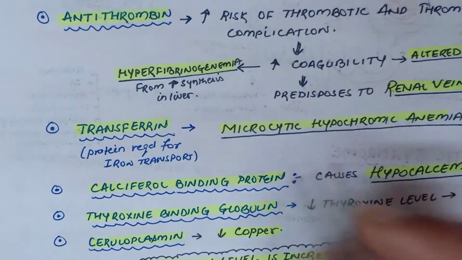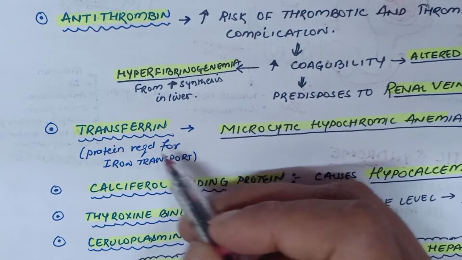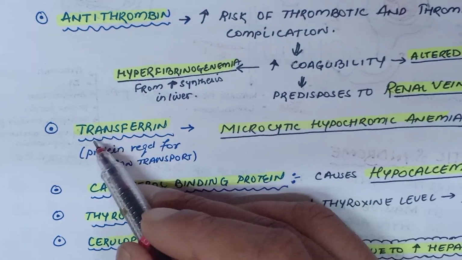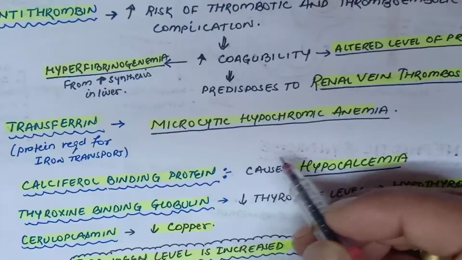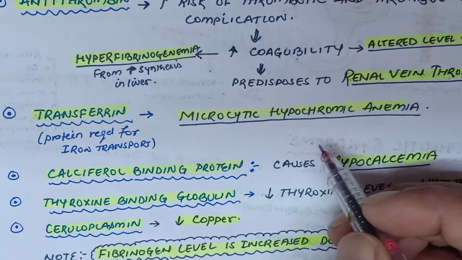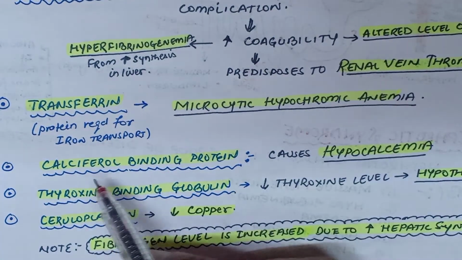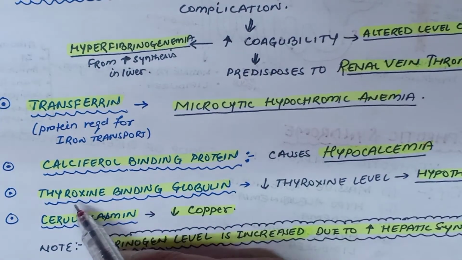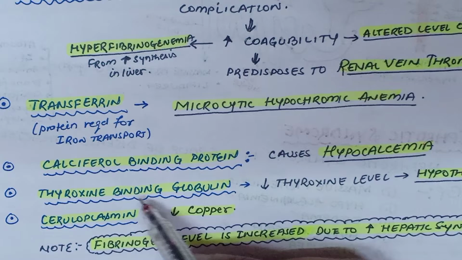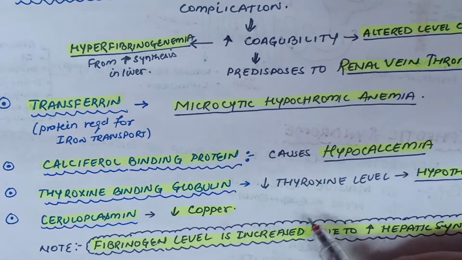There is also loss of transferrin. Transferrin is a protein required for iron transportation, and its loss will result in microcytic hypochromic anemia. There will be loss of calciferol binding protein, which will result in hypocalcemia. There is also loss of thyroxine binding globulin, which will cause decreased levels of thyroxine, resulting in hypothyroidism.